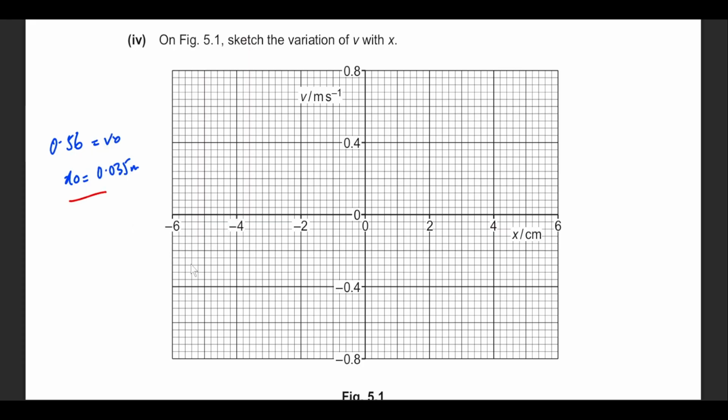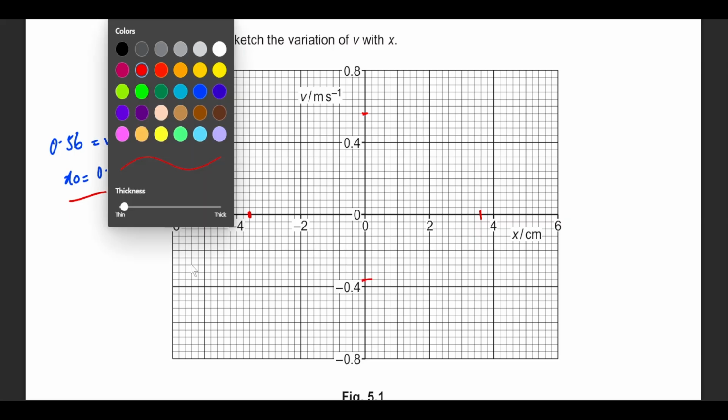You see, the maximum displacement actually happens away from the main position when the object is actually not moving. The fact that we can say that it is maximum displacement tells us that it is not moving. So 0.035 will be somewhere around here, and goes the other way, 0.035 here. Then we have 0.56, which is over here. If you count the boxes, it's going to be here, and then here.